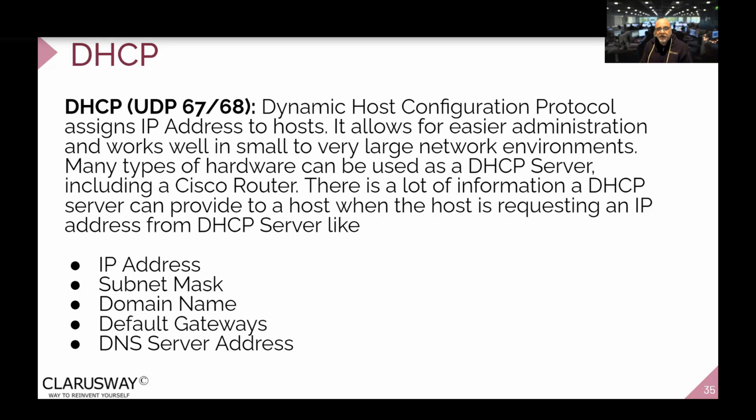So every network has to have unique IPs. And by using DHCP, essentially you have a central protocol that assigns unique IPs to all of the different hosts on that network. And that's what DHCP is for, and that's using UDP on 67 and 68.